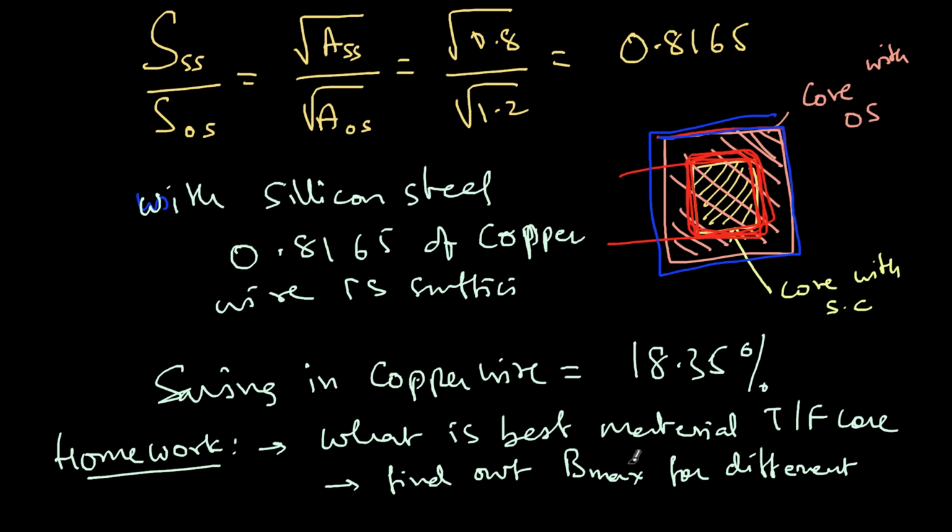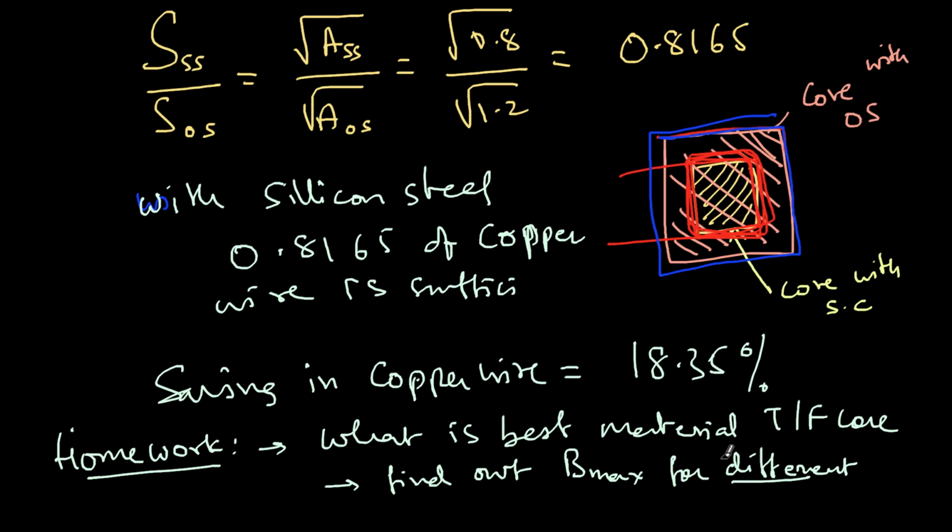So in a given cross section area, how much flux can it handle? Try to arrange the materials in ascending or descending order with respect to the maximum flux density they can handle.